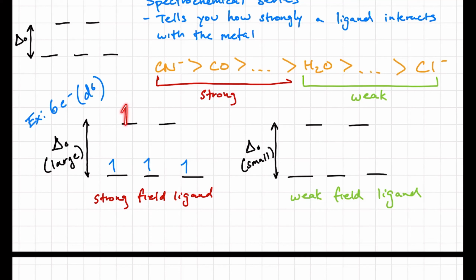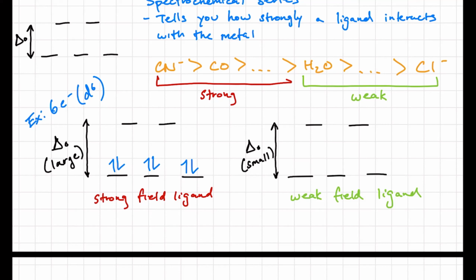But because this energy gap is large, it's too much of a difference in energy to go up there. So what we have to do is go down. 4, 5, 6. Only then, if we had 7 electrons, could we go up here.